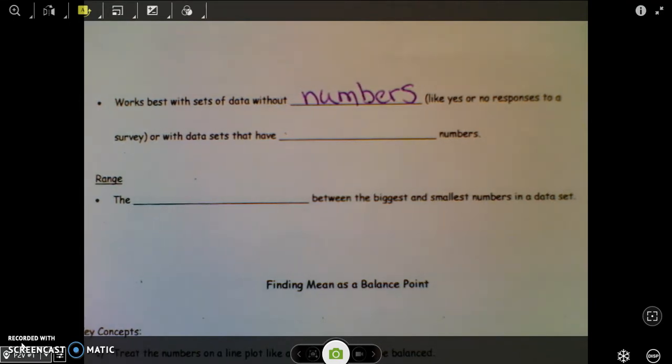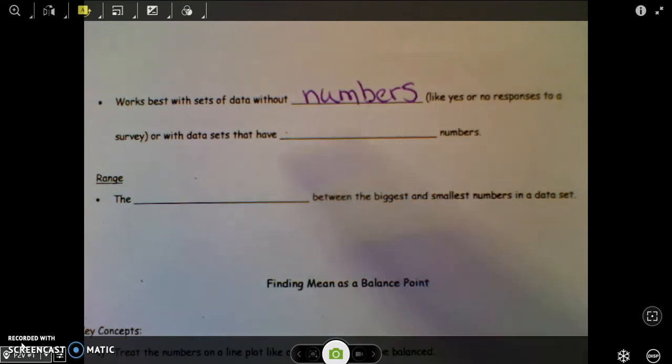So if there's no numbers in your data set, your only choice is to find the mode. So, of course, it's the best representation of the data because it's the only representation of the average that you can use. It's the only measure of center.